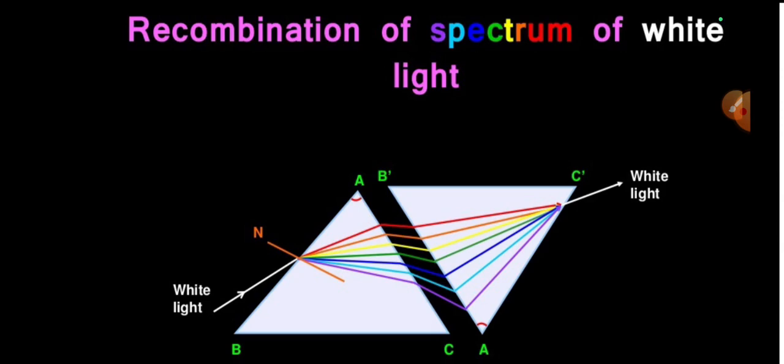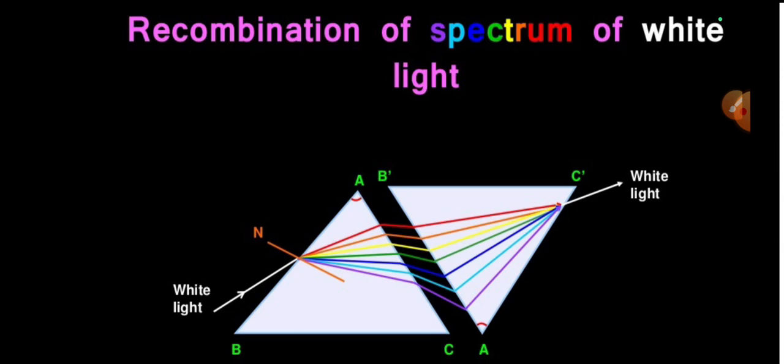With the help of this, he prepared a Newton disc, taking these seven spectrum colors and rotating it at a very high speed. Whenever he rotates the Newton disc at a high speed, although we used seven colors, we observe white color. That's why composite light contains the seven colors.